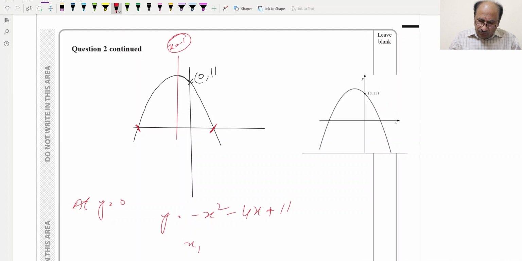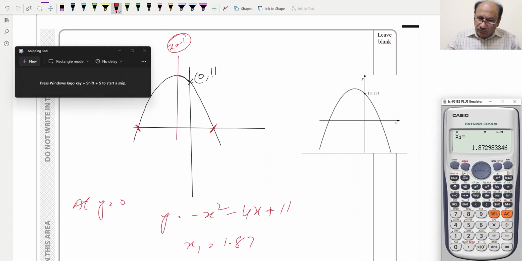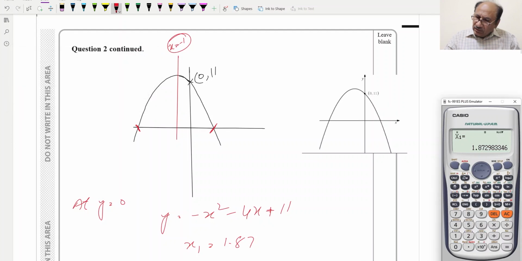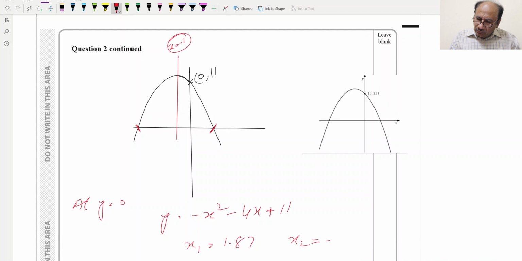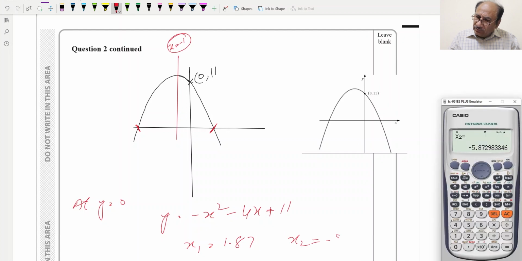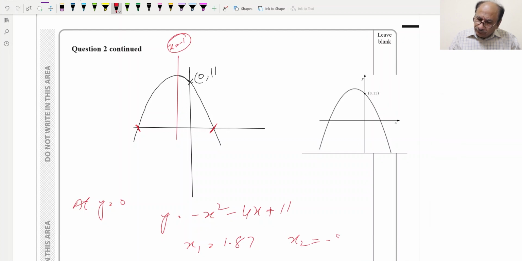So x1 will be equal to 1.87, and the second value, x2, will be equal to minus 5.87. So these are basically the x values. The positive value we can take here is 1.87, and this will be minus 5.87.